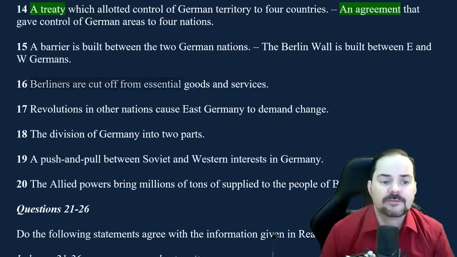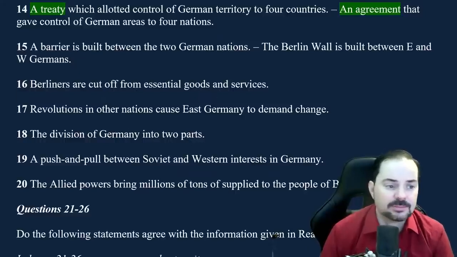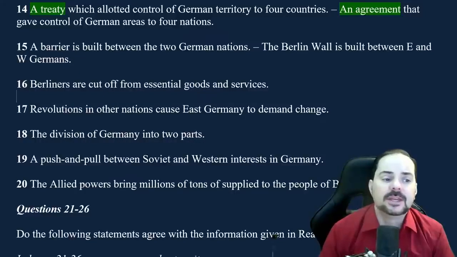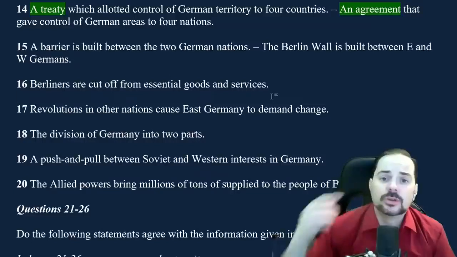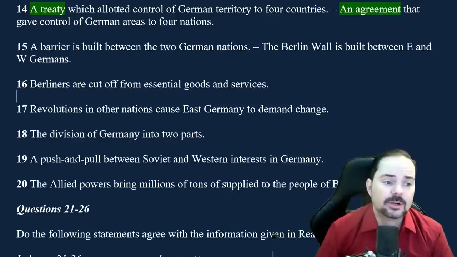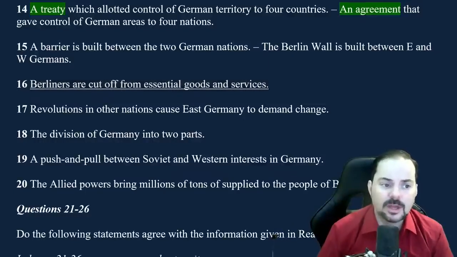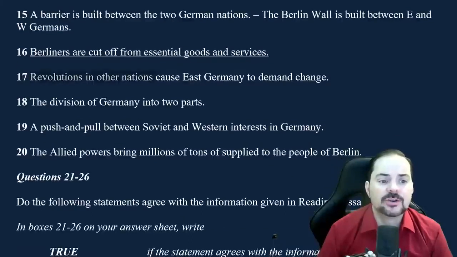Berliners are cut off from essential goods and services. So Germans are separated from necessary food and supplies. In the real IELTS, you don't have enough time to write it down, so you're just paraphrasing in your head. Revolutions in other nations cause East Germany to demand change.